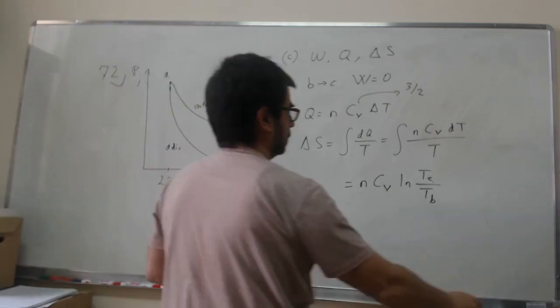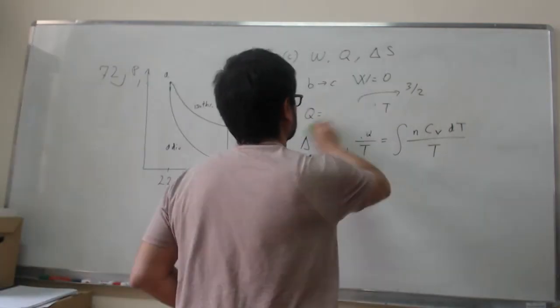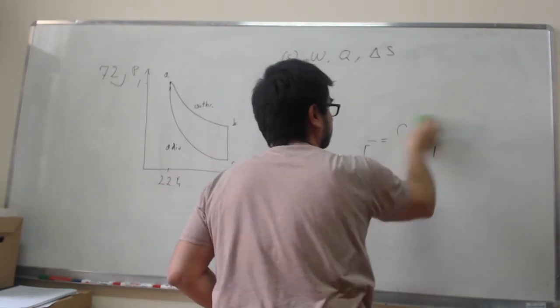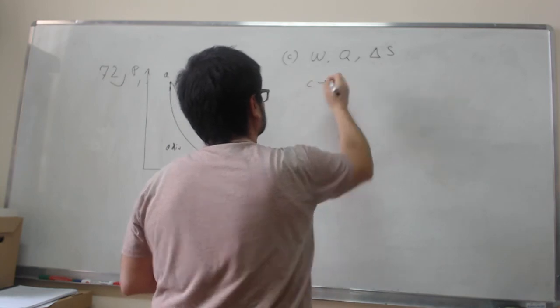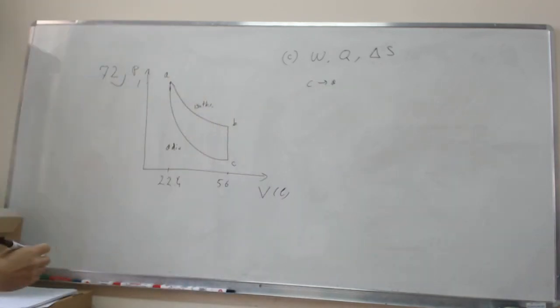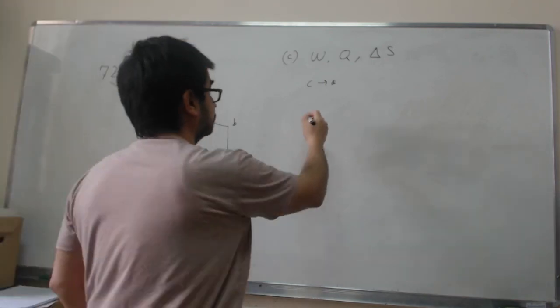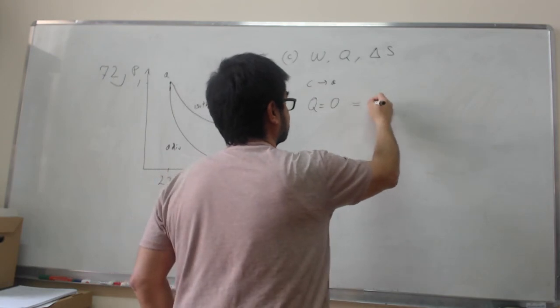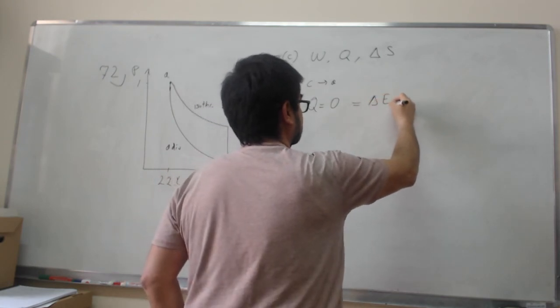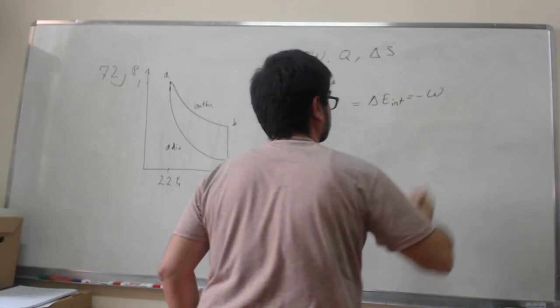Now what about going from C to A? This is adiabatic, which means that Q is 0, which means that the change in internal energy is just minus the work done.